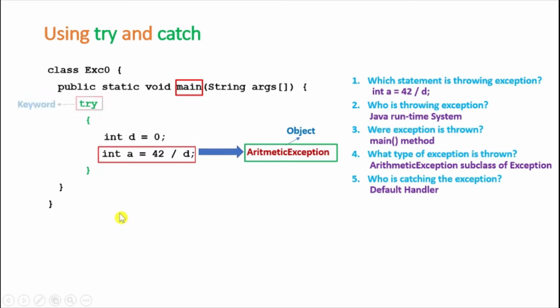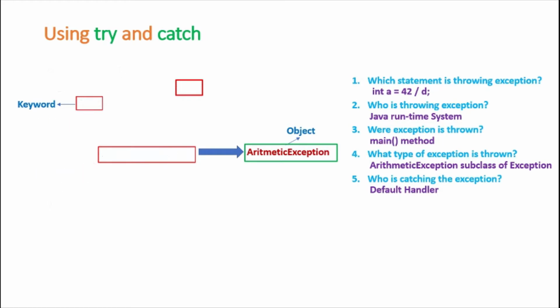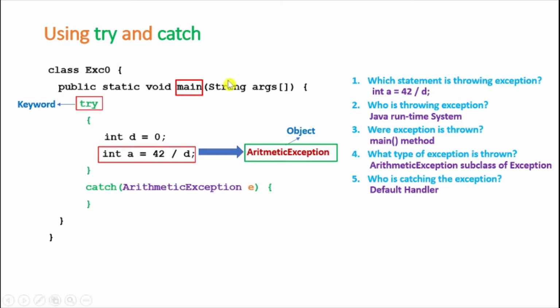Try is a keyword and it begins with an opening brace and ends with a closing brace. Any exception that occurs in the try block must be caught. This can be done using a catch block. Catch is a keyword and it begins with an opening brace and ends with a closing brace.